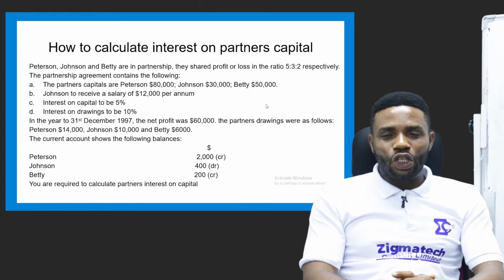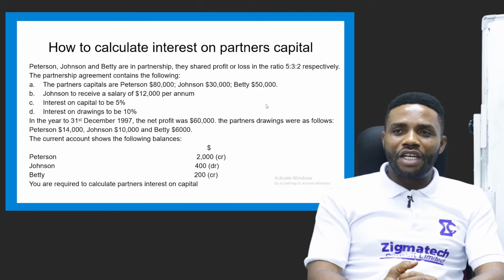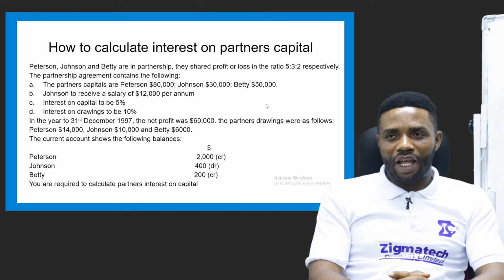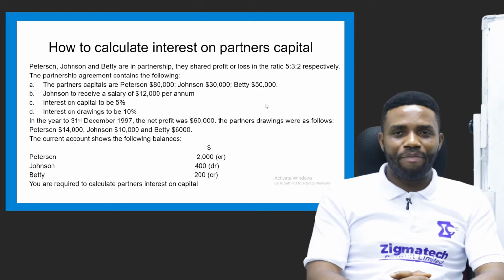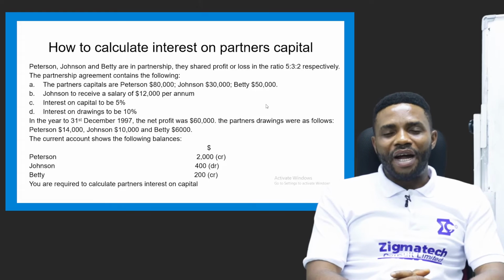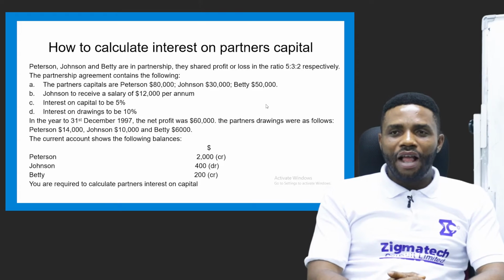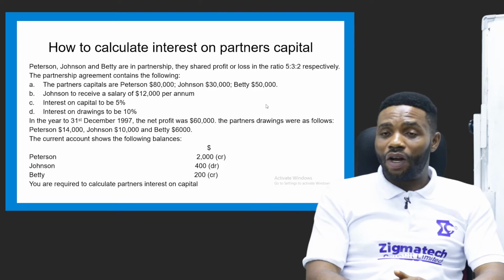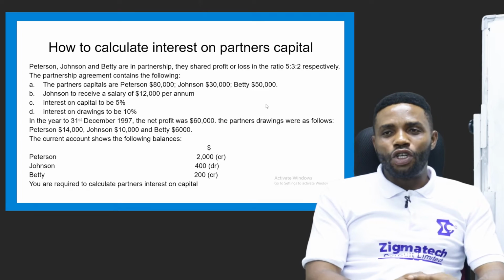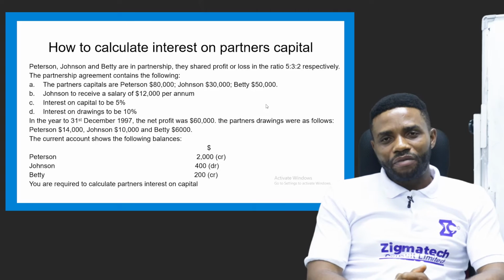Now, Peterson, Johnson, and Betty are in partnership. They share profit or loss in the ratio 5:3:2 respectively. The partnership agreement contains the following. A, the partners' capitals are Peterson, $80,000, Johnson, $30,000, Betty, $50,000.